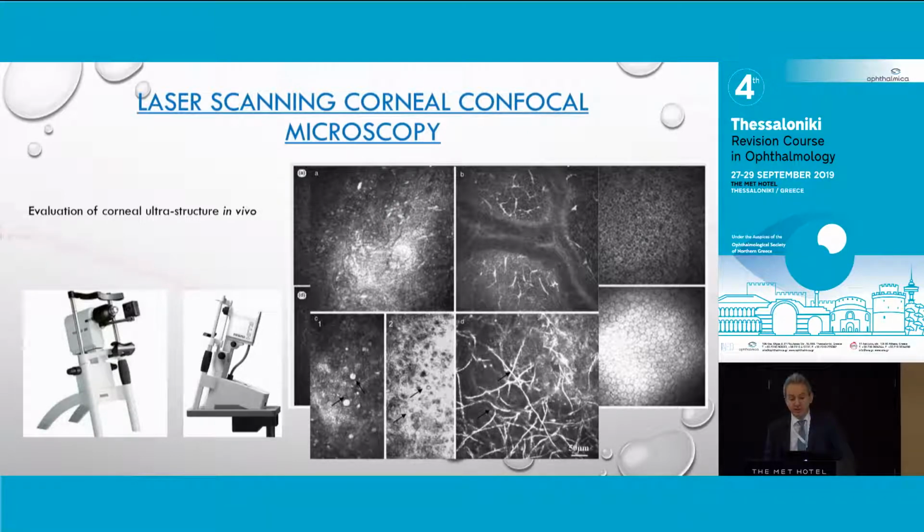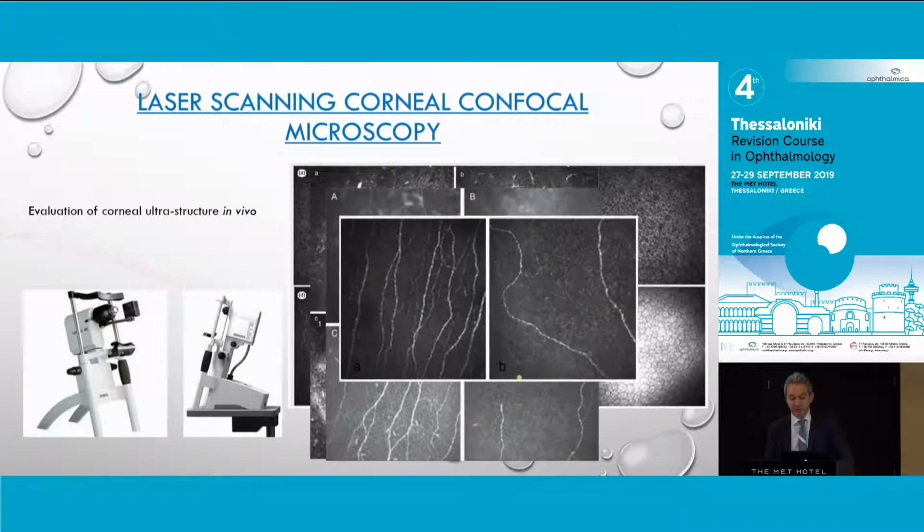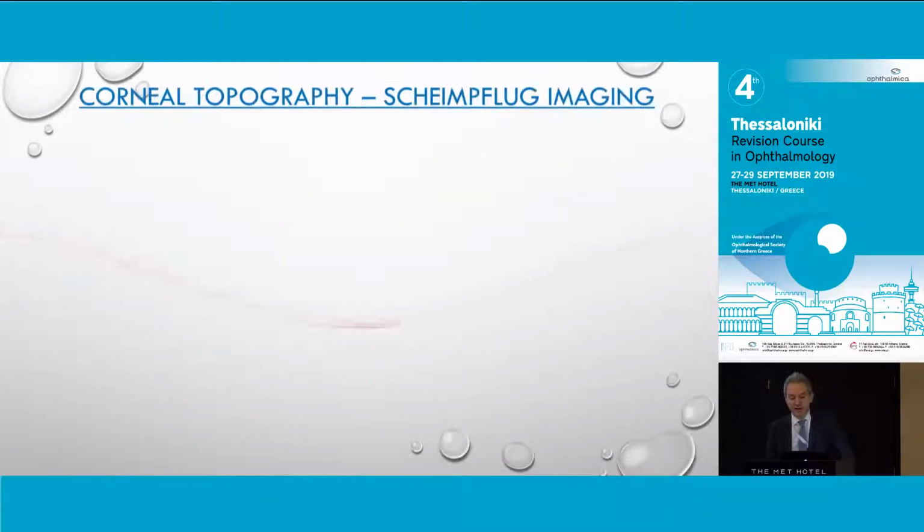In acanthamoeba keratitis, we can detect the cysts, which could also lie deep in the posterior stroma, even predescemetic, or the filaments in mycotic keratitis. We can quantify the corneal innervation also in corneal disease such as diabetic corneal neuropathy, where we have a decrease of the corneal innervation, or after herpes infection. And of course, measure the endothelial cell density.